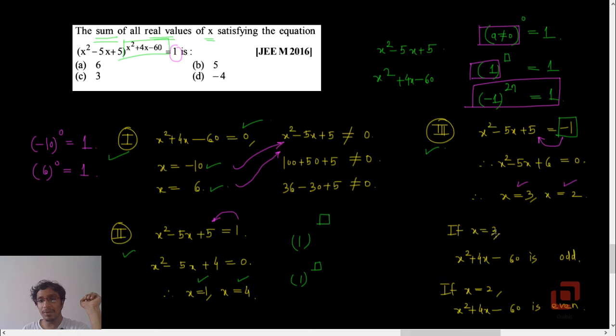If x is equal to 3, then x squared plus 4x minus 60 will be 9 plus 12 minus 60. Now any odd number plus an even number is odd, and any odd number minus an even number is again odd. So we should reject x equal to 3 because although the base is negative 1, the power is actually an odd number, so it won't be equal to 1.